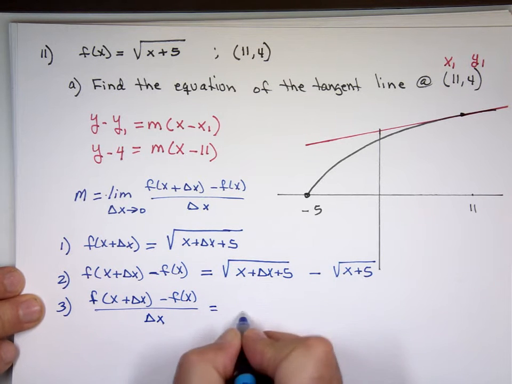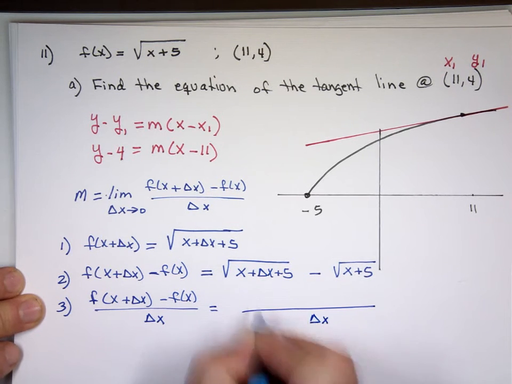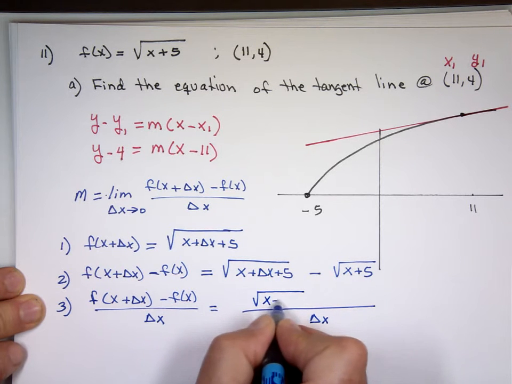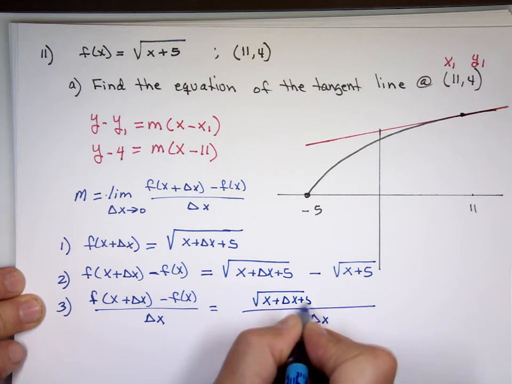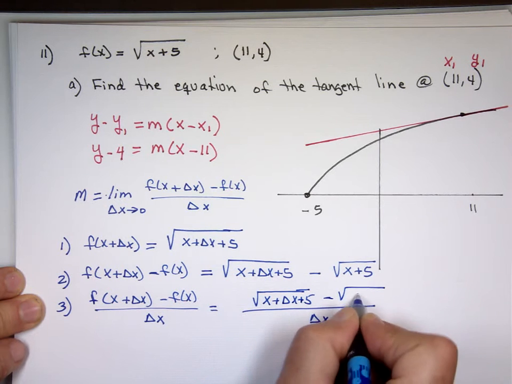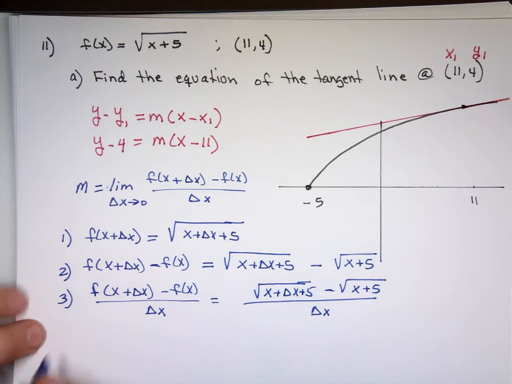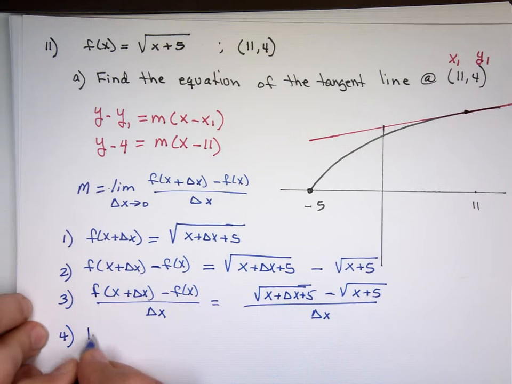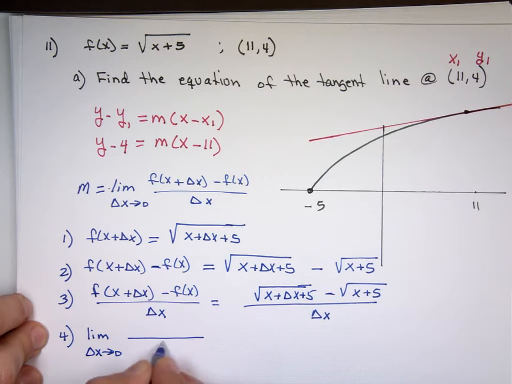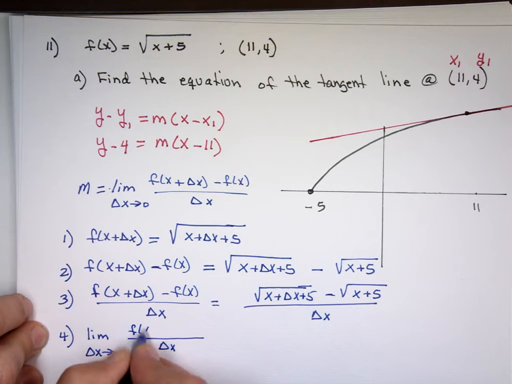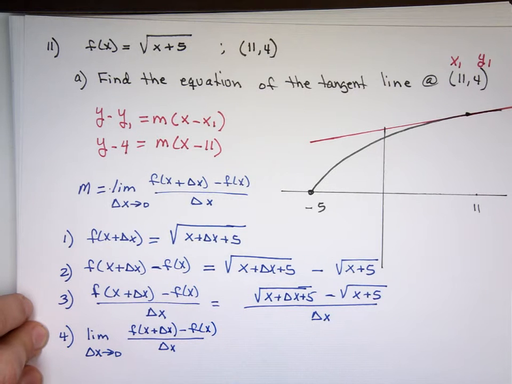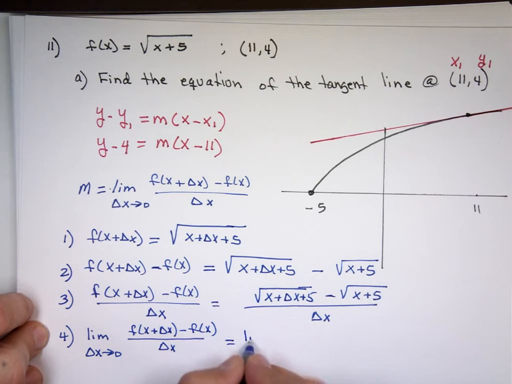Okay, there's my answer. Divided by delta x, and not much I can do. And what's the last step, number 4? Take the limit as delta x approaches 0. So that's the limit as delta x approaches 0.